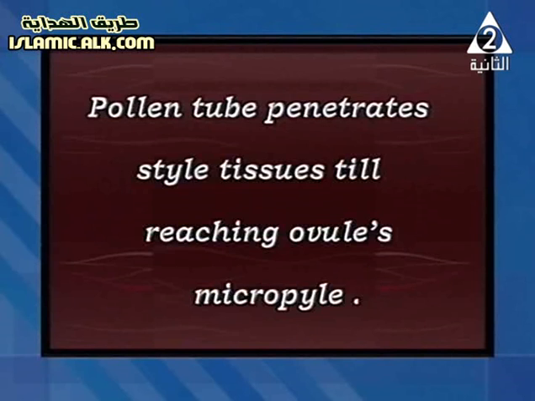The pollen tube penetrates the style tissues. Do you remember that each carpel consists of ovary, style, and stigma? To reach the micropyle, the pollen tube needs to degenerate and penetrate the style tissue, reaching the ovule's micropyle, because it wants to fertilize the egg cell.